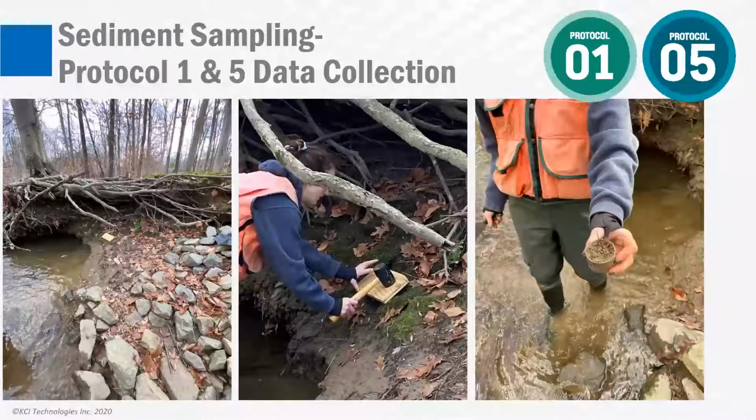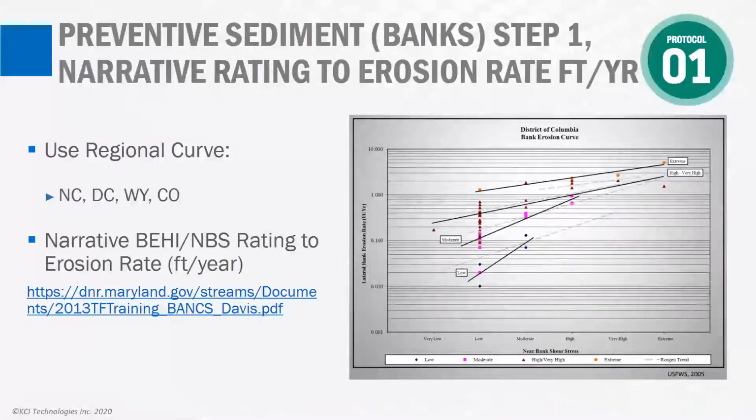After the fieldwork for BHI and NBS assessments, along with the fieldwork for sample collection is complete, the next step is to convert the combination of narrative ratings to actual erosion rates. So that's done with erosion rate curves. There are different regional curves developed. So there's one for North Carolina, DC, Wyoming, and Colorado.